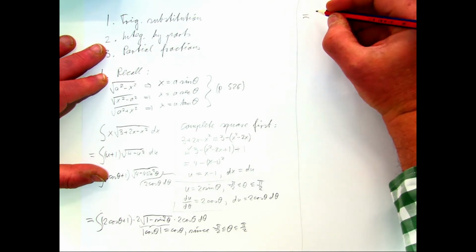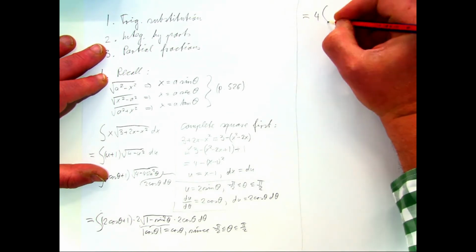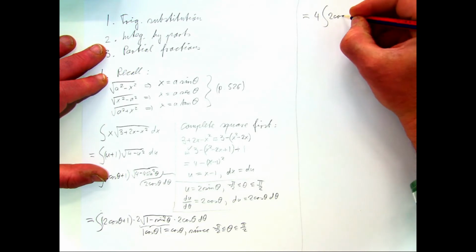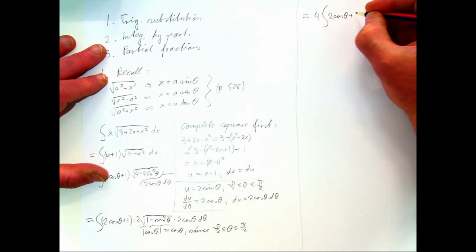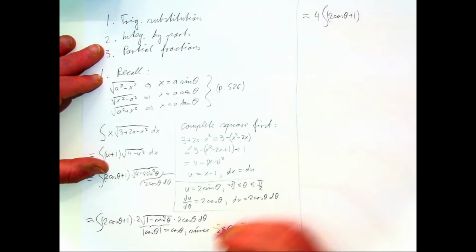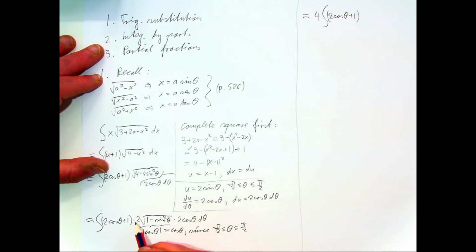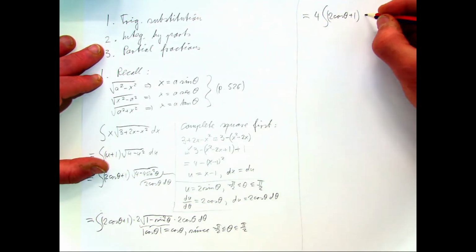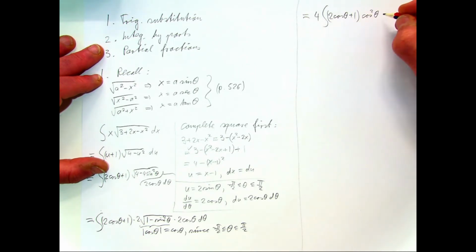That gives me 4. And then I still have this factor, cos theta plus 1, and I have the cos squared, these two, cos squared of theta, d theta.